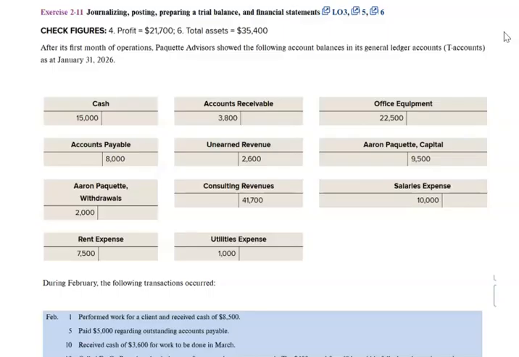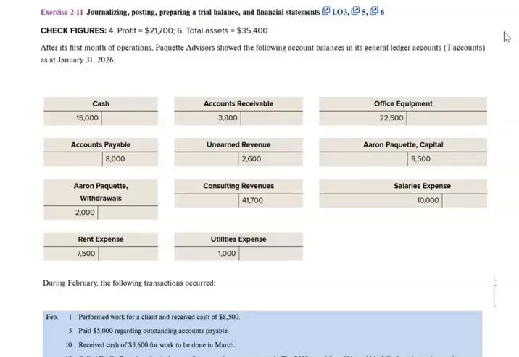Then we need to balance the T accounts or total them. Then we need to create the trial balance to make sure our debits and our credits balance. And then we need to create our three financial statements, our income statement, statement of owner's equity, and our balance sheet. Okay. So they have given us check figures.